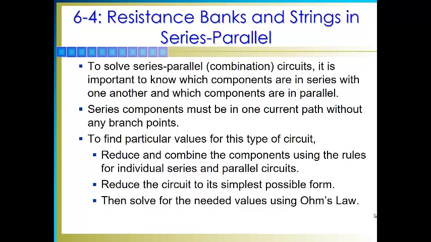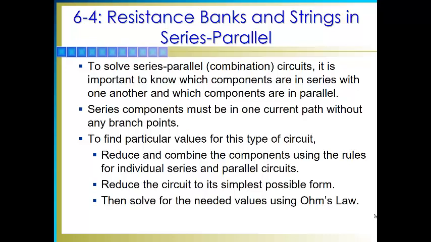To find particular values for this type of circuit, we will have to reduce and combine the components using the rules for individual series and parallel circuits. So if we have components that are in series, we need to reduce that to one component by finding the total amount.